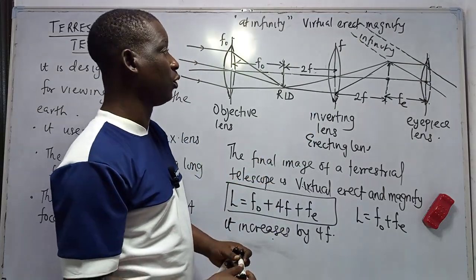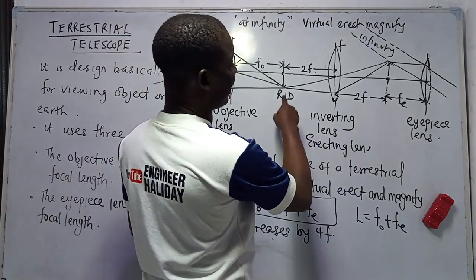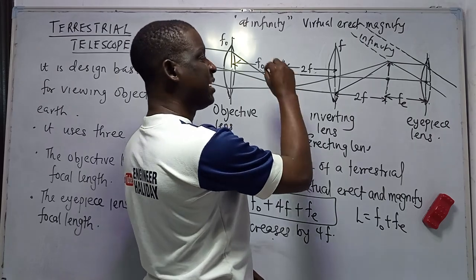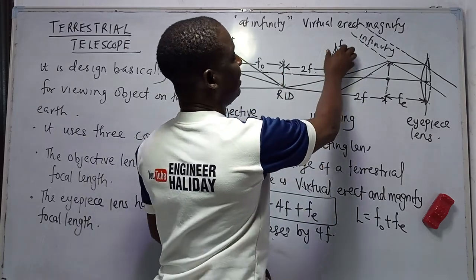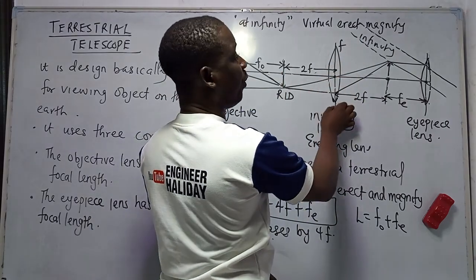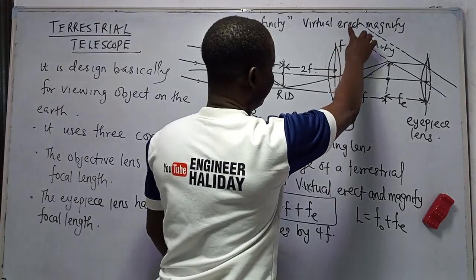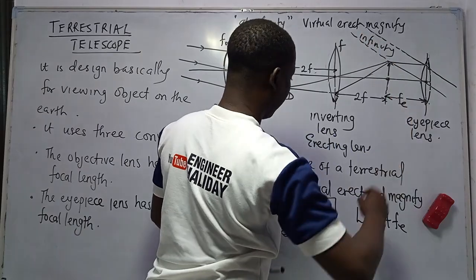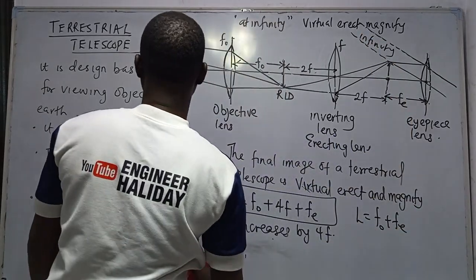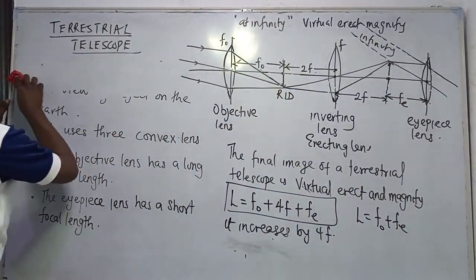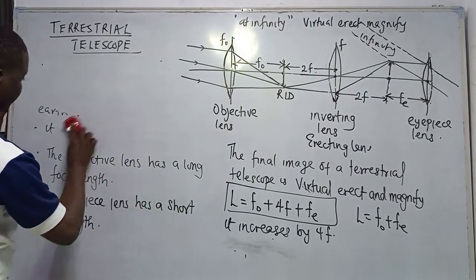Because we are introducing another lens, indirectly the image produced at infinity is also helped by this, and that makes it virtual, erect, and magnified. But before I leave this studio, let me show you something here.